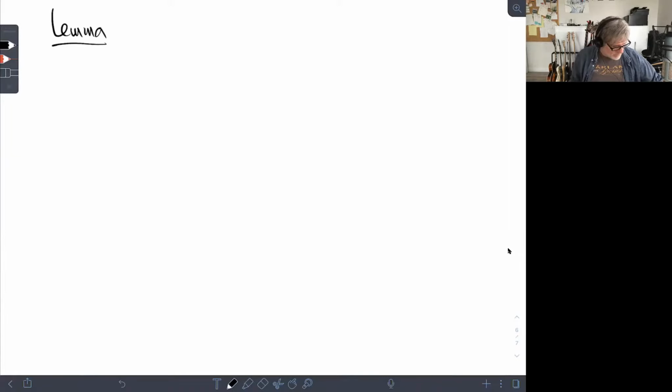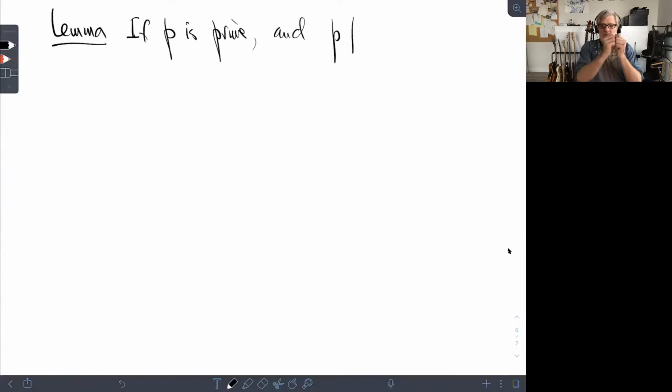If P is prime and P divides not only a product of two things, but of a whole bunch of things, so let's say the product for i equals 1 to n, because we've got this fancy notation, you might as well use it. It looks real smart. So P divides the product of A1, A2, right up to AN.